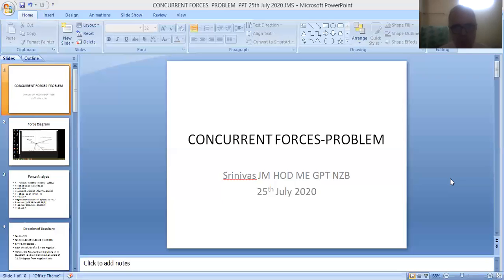Different systems will have different units. Now we are following the SI system. Therefore, all the forces must be expressed either in terms of newtons denoted by capital N, or in terms of kilonewtons denoted by kN.